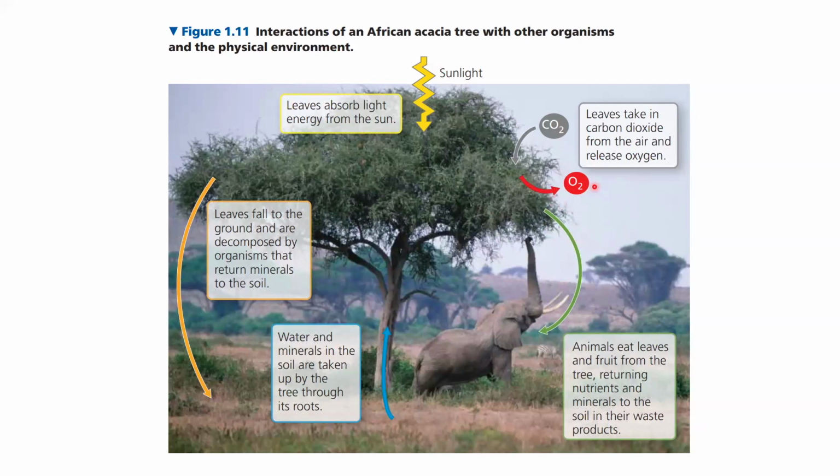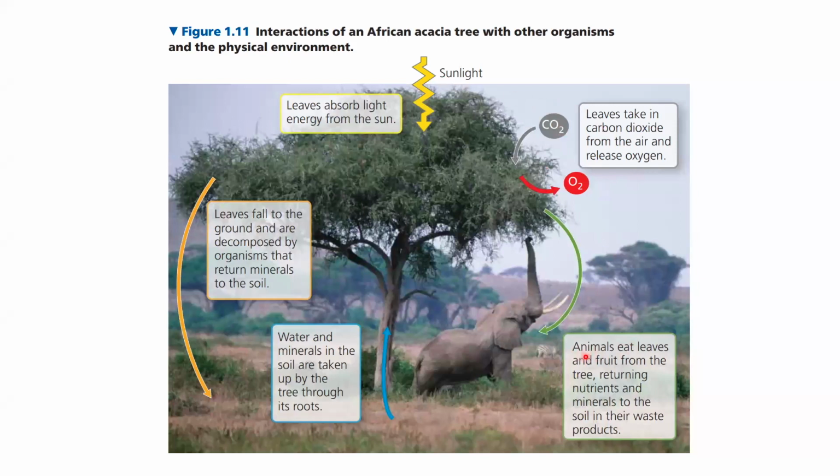This is what I was referring to earlier, of plants, or in this case the tree, exhaling or producing O2 and sending it out, and taking in carbon dioxide. We as humans and other mammals, like this elephant here, exhale carbon dioxide, and the tree in this case can take it up.